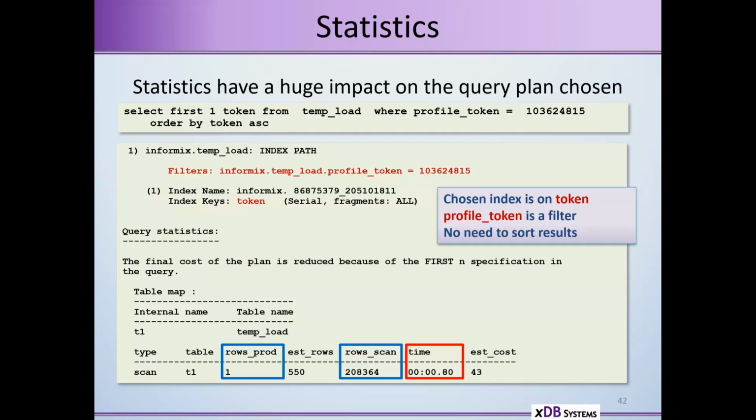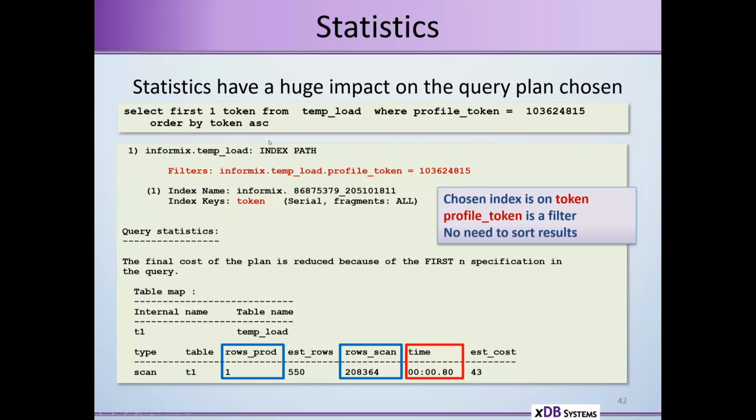In this query, we're reading from a table using an index column with a literal value, and the data types match and everything. But we've got this first one operator, so we just need the first record returned, and we've got this order by.